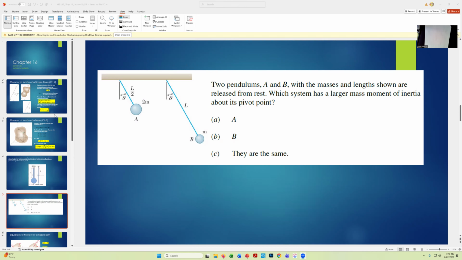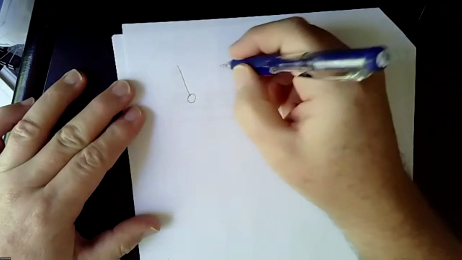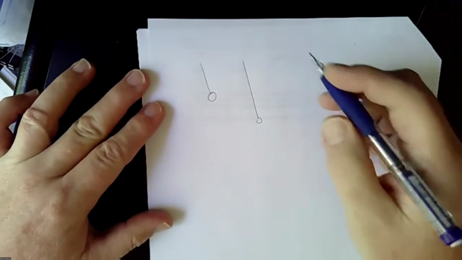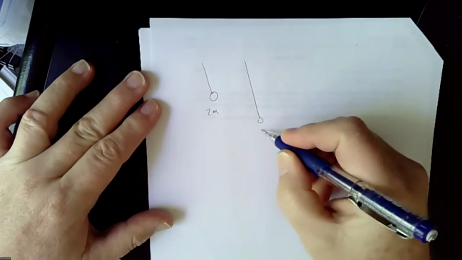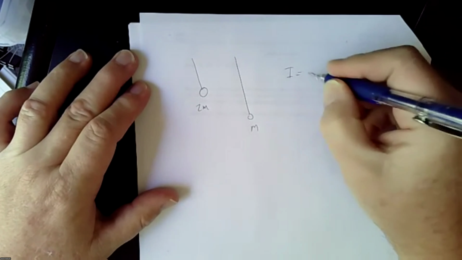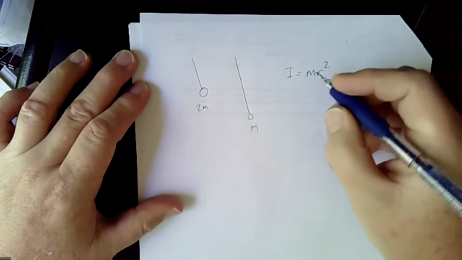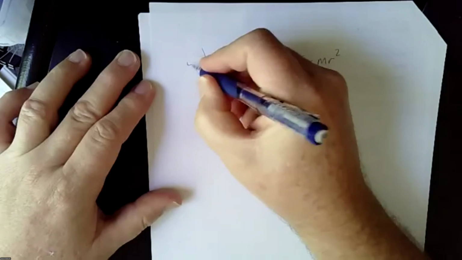And so we can compare that to the two if we look at, let me show that here. If you have the two links, one like this and one like that, and this end has 2m and this end has just m, then if you think about the way we do I equals mr squared, for this one it's going to be 2m, and this will be L over 2.